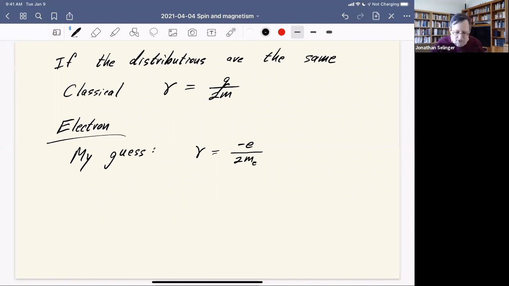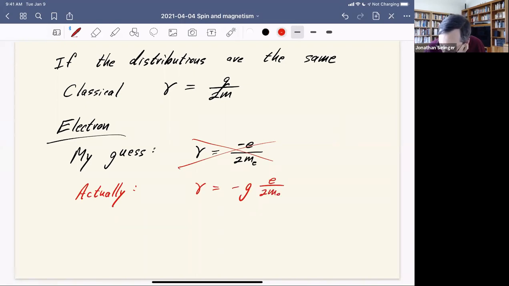That's my guess. Actually, that guess is wrong. It's not bad, but it's wrong. These things are really related by a factor called g, times e over 2 times the mass of the electron.